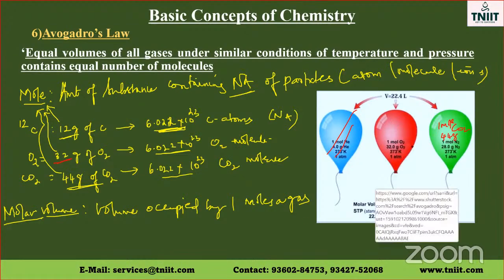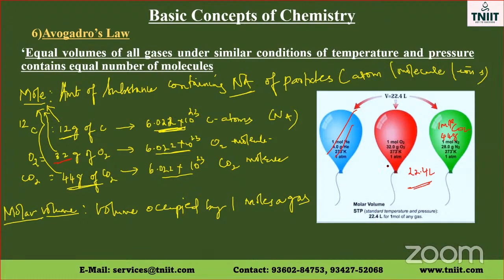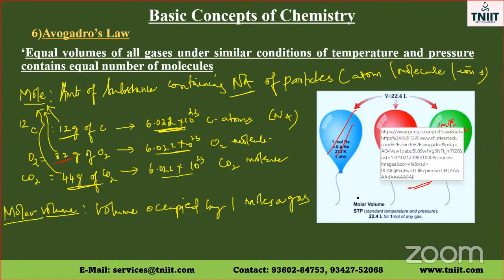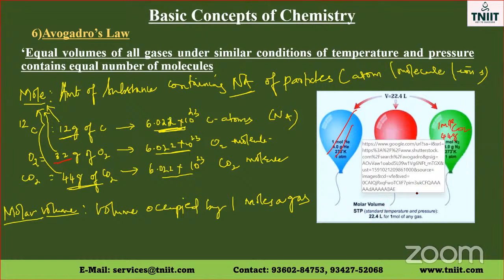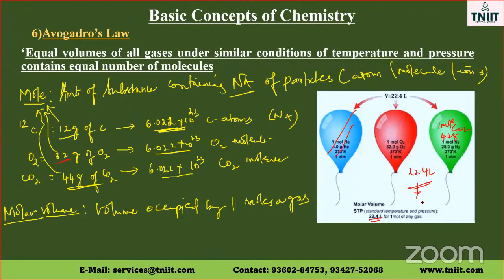Now, the volume of this balloon will be 22.4 liters. So if we fill 32 grams of oxygen into the balloon at STP, or 44 grams of carbon dioxide at STP, or 28 grams of nitrogen at STP, which is 1 mole, the total volume occupied by these gases will be 22.4 liters. This 22.4 liters is called molar volume.